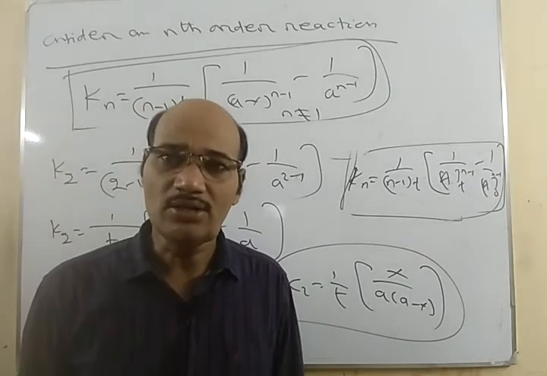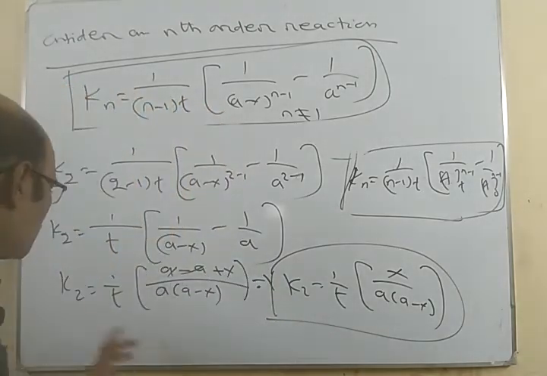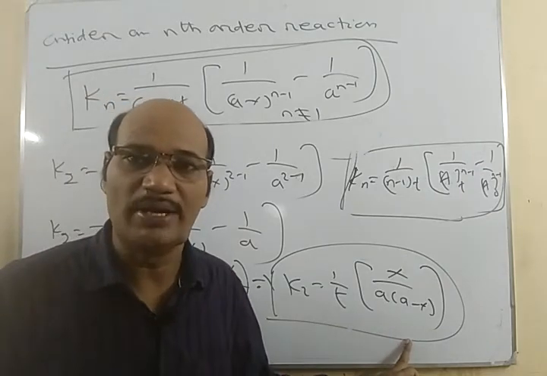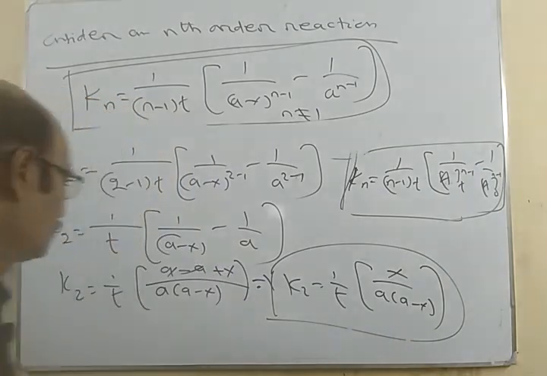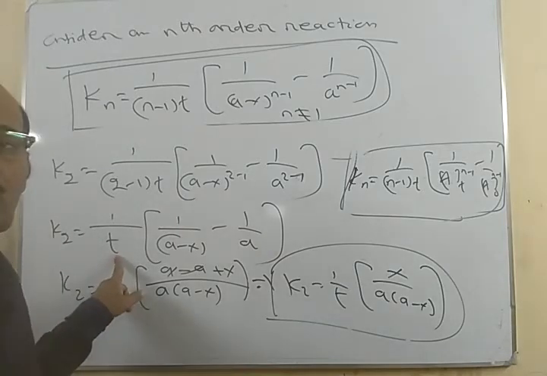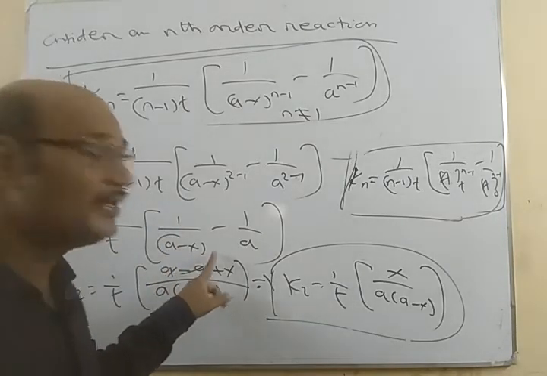So for a second order reaction, you can say k equals 1 by t into x by a into a minus x. Or you can write k2 is equal to 1 by t into 1 by a at t minus 1 by a at 0.